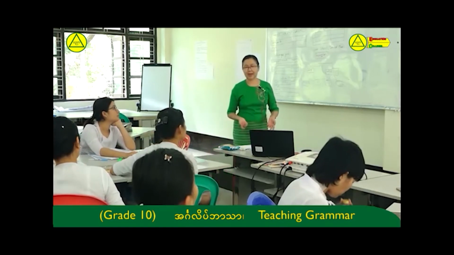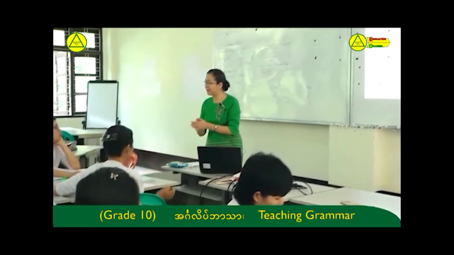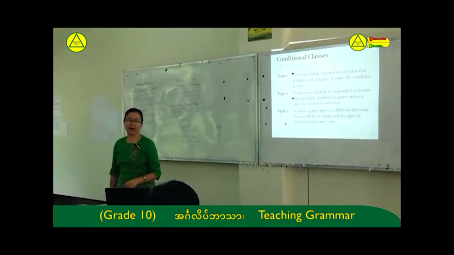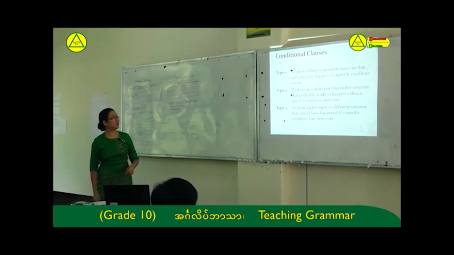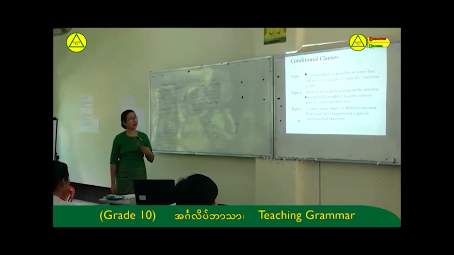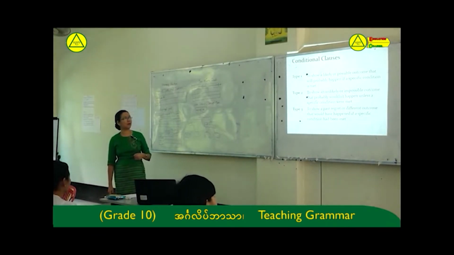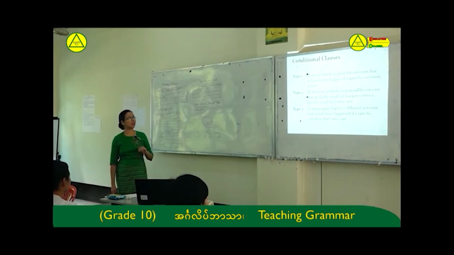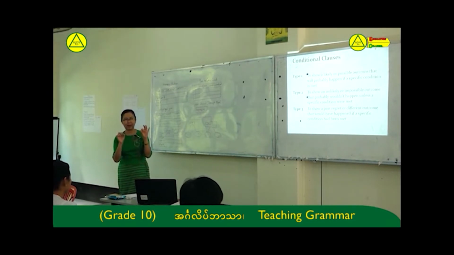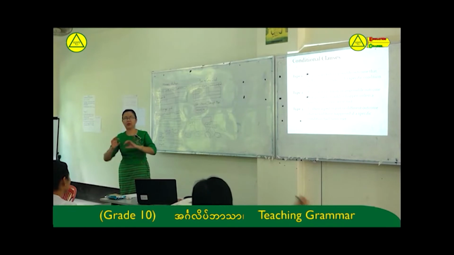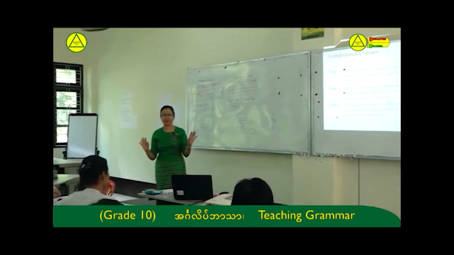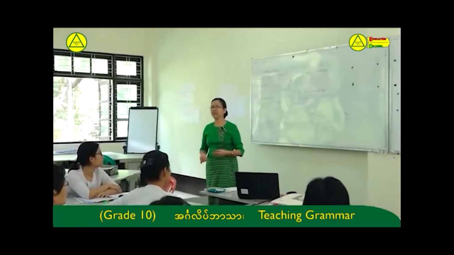So that is a real outcome. If this condition exists, what will happen? It will happen, so it talks about a real outcome. What about type 2? Type 2 is used to show an unlikely or impossible outcome that probably wouldn't happen unless a specific condition were met. Both sides are not really possible in the present situation. It is just imagination.